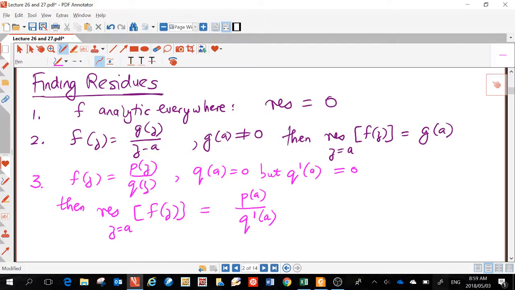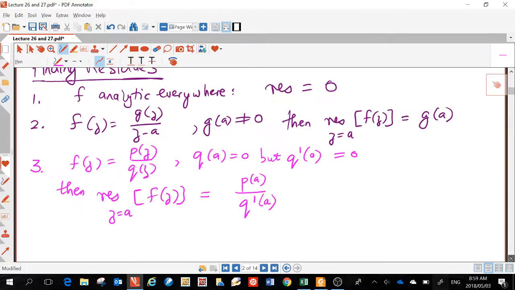If you've got a polynomial over a polynomial, you simply differentiate the denominator and plug in the point where you find the residue. Easy as that. Again, I proved why that is the case. I expanded a series, I showed you the coefficient of 1 over z is that. Go back to the proofs there.